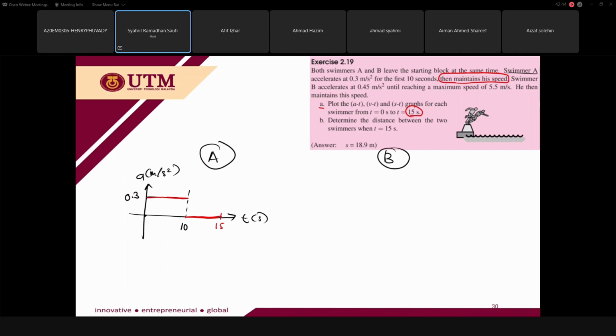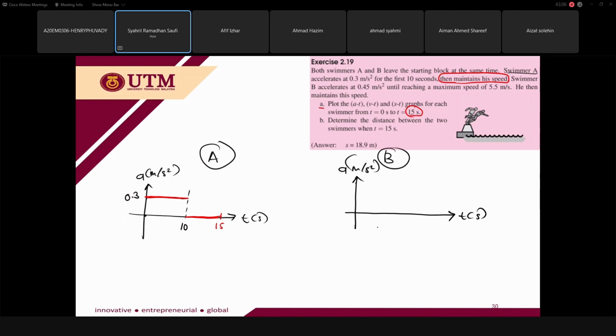We have this kind of graph: 0.3 meter per second squared acceleration, and after 10 seconds, maintain his speed. Then we go on to swimmer B. Acceleration in meter per second squared.